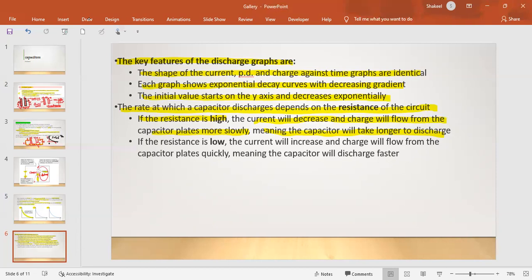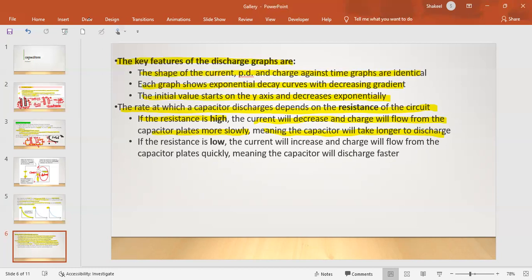So two things are very important in the discharging time of a capacitor. One is the resistor connected with it, and second is its capacitance. When you multiply both of them together, R and C, you get a specific term known as the time constant, because the time depends on the values of both. Discharging time depends on R, and on C as well.